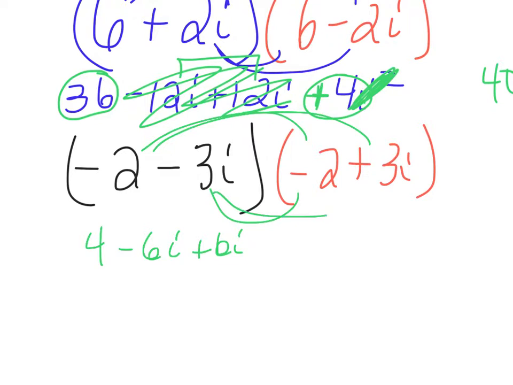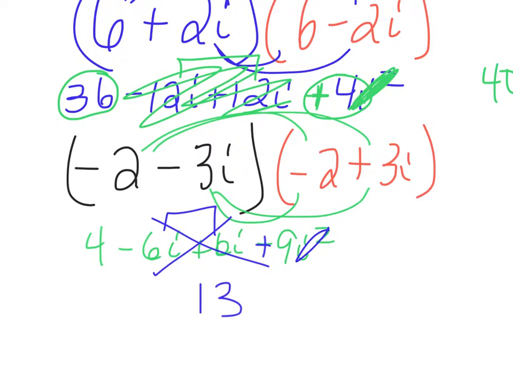Plus 6i. What's negative 3i and positive 3i? Minus 9i squared. As soon as I see i squared, what do I do? Cross it off, change the sign in the front. So what are my reals? 9 and 4, which is? What happens to these two imaginaries? They cross out. We have to multiply by the conjugate in all situations when you're dividing.